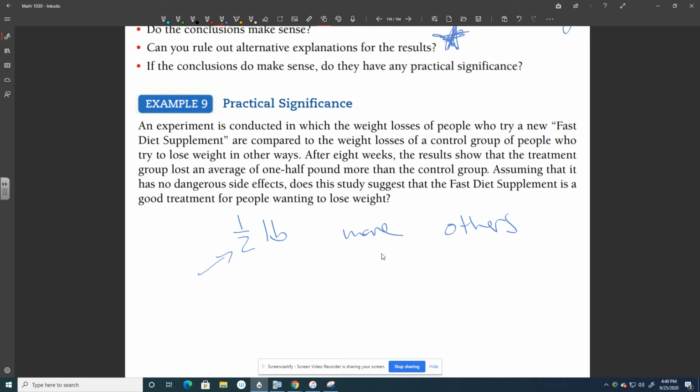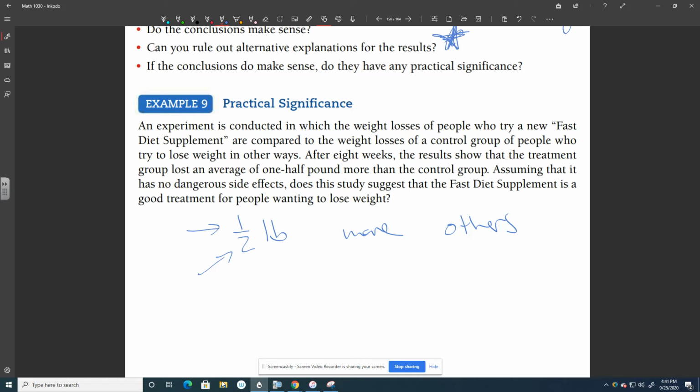Well, maybe. Maybe it's not an issue to you the way that this diet works. But what if this diet requires you to spend a lot of money, or to eat something really gross, or to work out more than you want to? What if this diet requires you to do a lot of things that you really don't want to do compared to these other diet options?